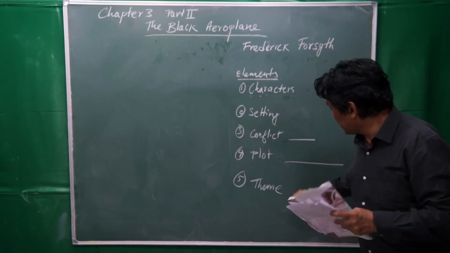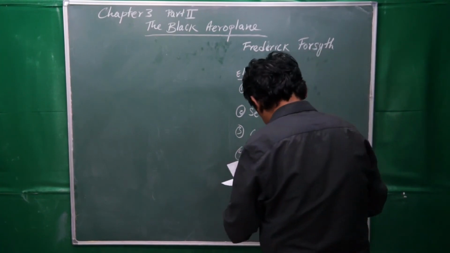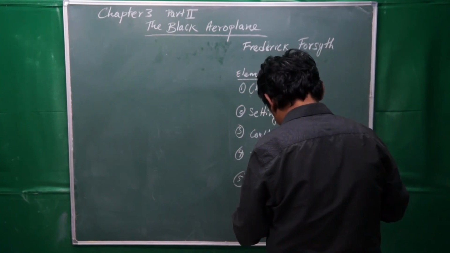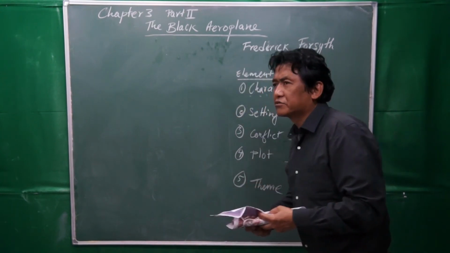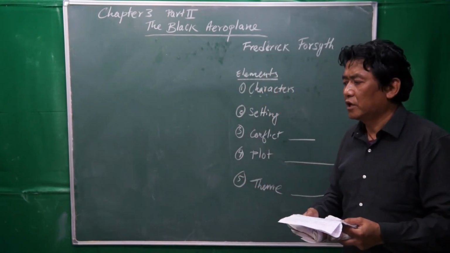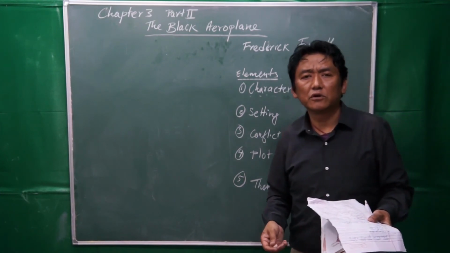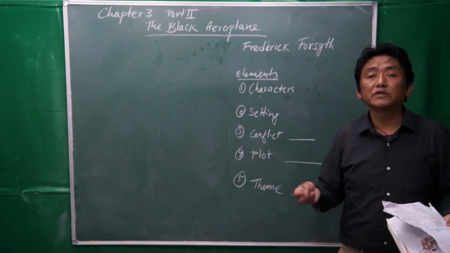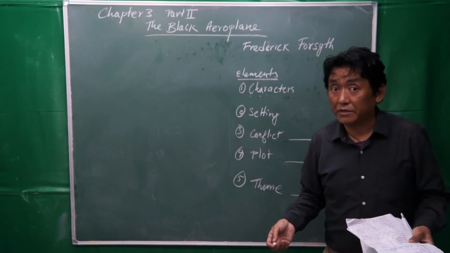And then the theme. Okay, the theme is there. You can write it in one line, right? No matter whether you are in great difficulty, you should not lose hope. You should not lose hope even in times of difficulty, because miracles can happen.